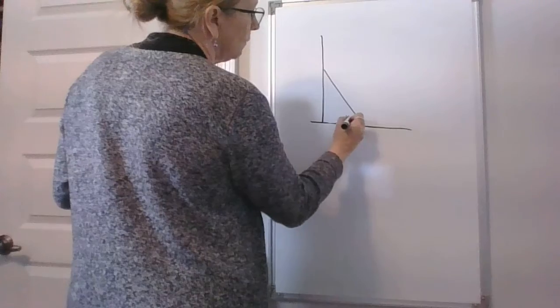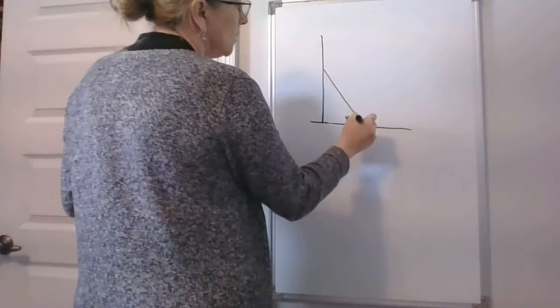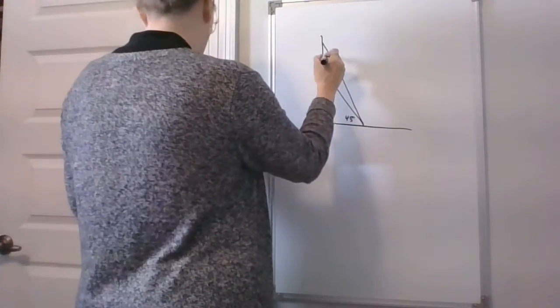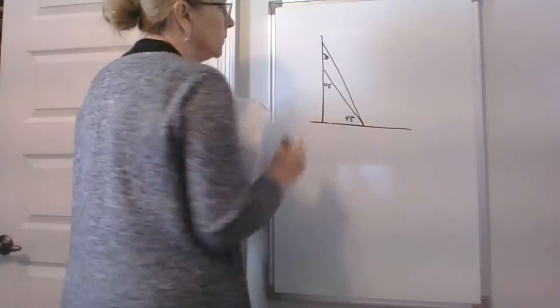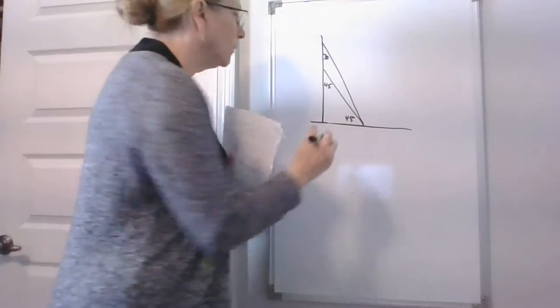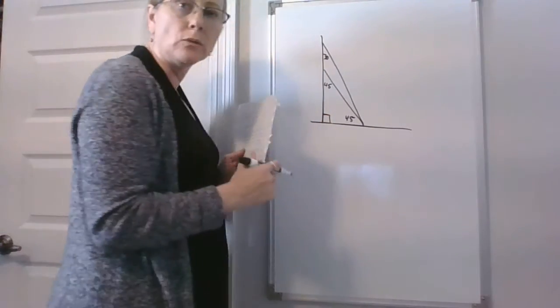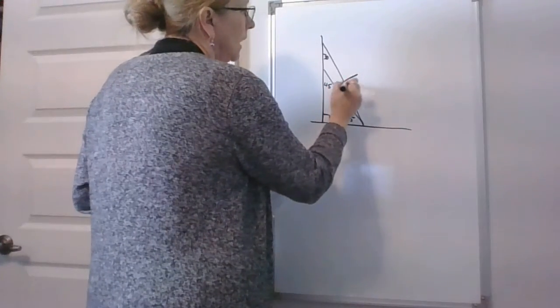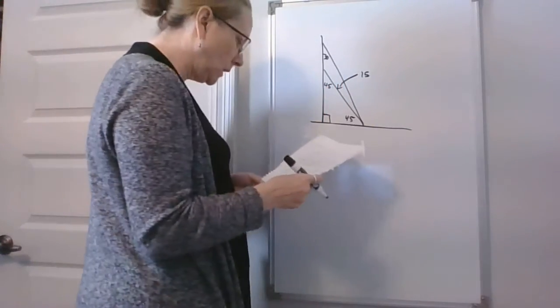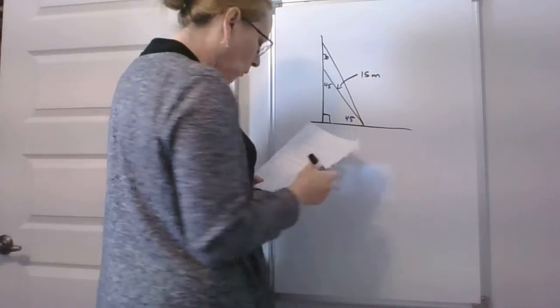There's a brace at a 45-degree angle, and there was also a brace at a 30-degree angle here. So we have a 30, 60, 90 and a 45, 45, 90, and they overlap. The only number that they gave you is that the hypotenuse here is 15 meters.